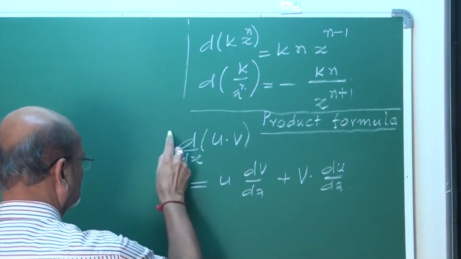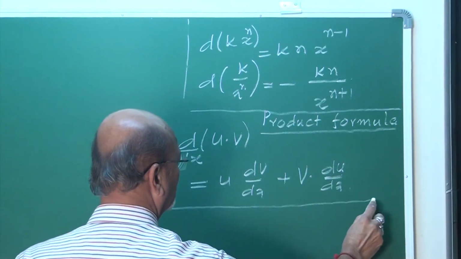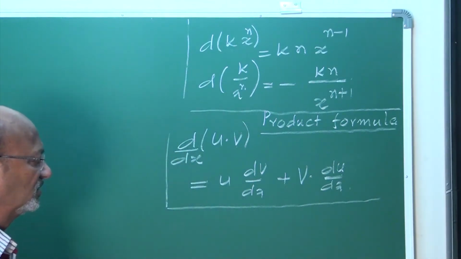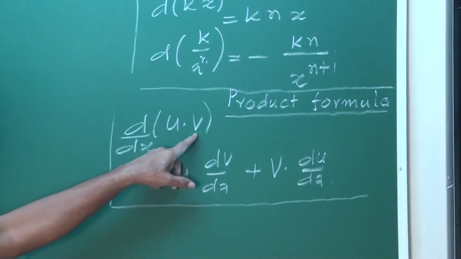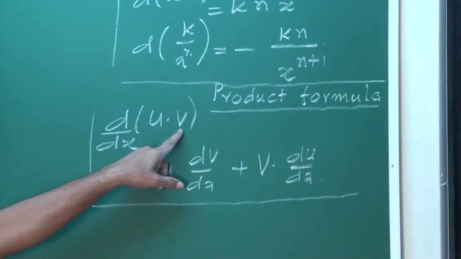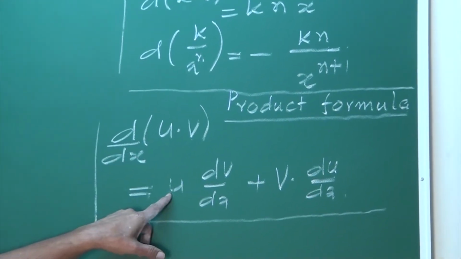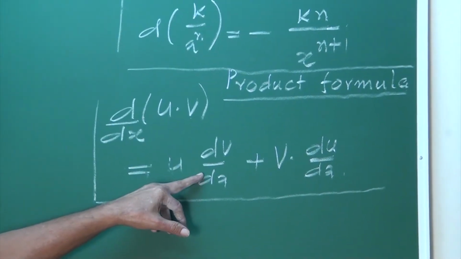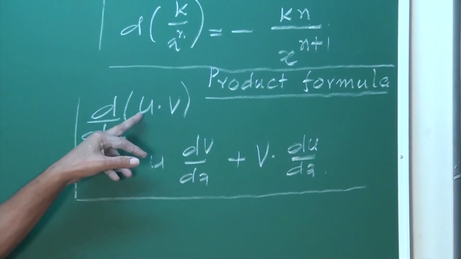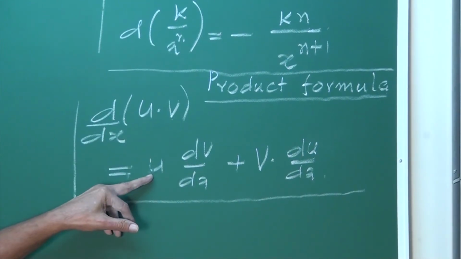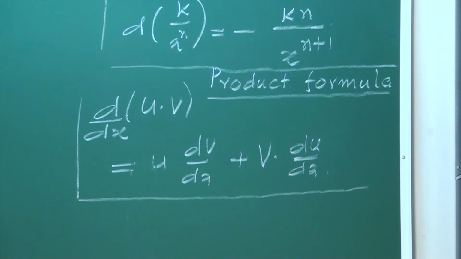Yes, my friend. This is the formula. See, what is it? Derivative of product of two functions, first function, second function. In such cases, keep the first function as it is into derivative of this, plus interchange: keep the second function as it is into derivative of first. First as it is, derivative of second, plus second as it is into derivative of first.